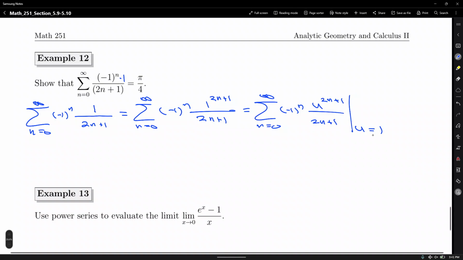Notice there's no factorial here. Where u equals 1. What function is this again? Arctan of u, with u being equal to 1. So what's arctan of 1? Isn't that pi over 4? How about that one?